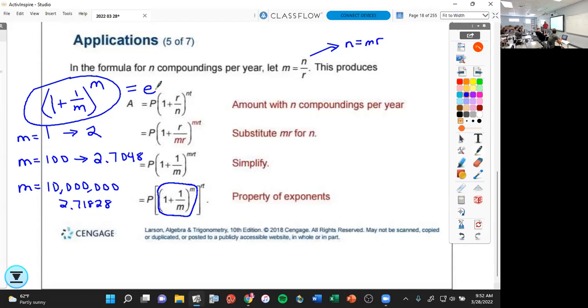Have you ever seen this formula? A equals P e to the RT. That is the continuous compounding formula.